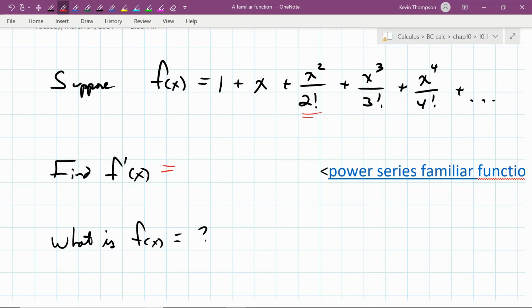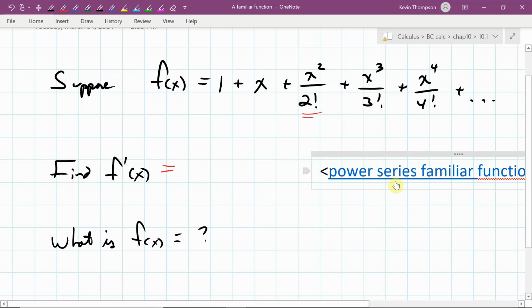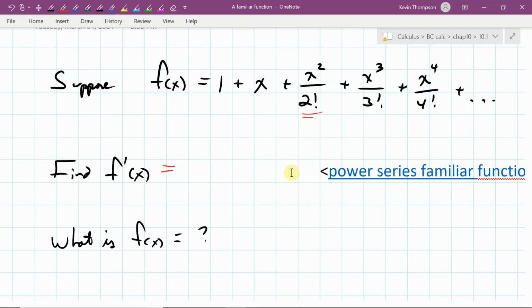Work faster. You can do this in your head. Promise. Definitely is not undefined. Simplify that. Focus, focus. Who knows what it is?